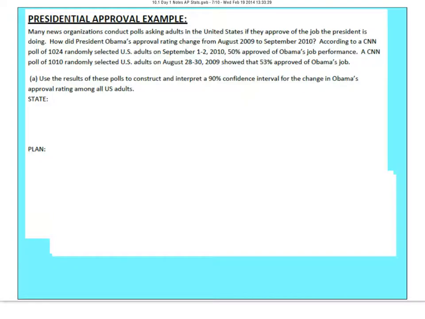According to CNN, a poll of 1,024 randomly selected people were asked in 2010, and 50% approved. Then in the CNN poll in 2009, they asked 1,010 people. At that time, 53% had approved. Use these results to construct a 90% confidence interval for the change in Obama's approval rating among all U.S.